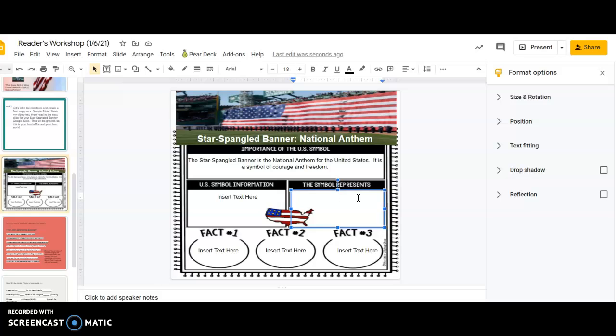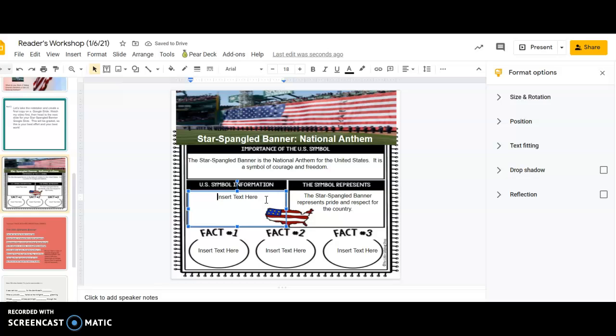So I am going to type in: Star Spangled Banner represents pride and respect for the country, period.